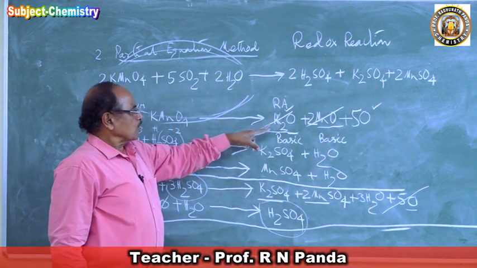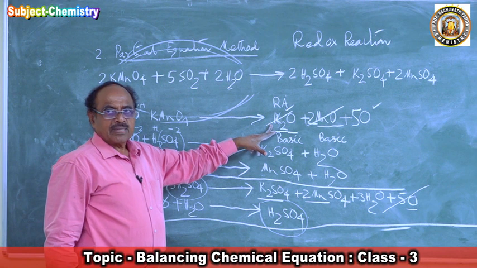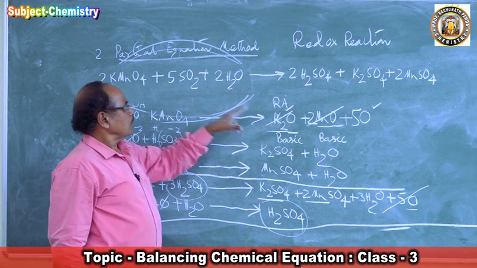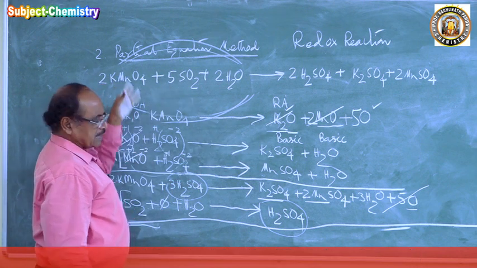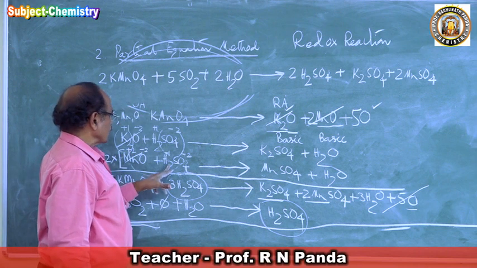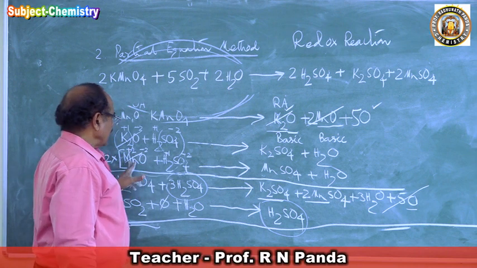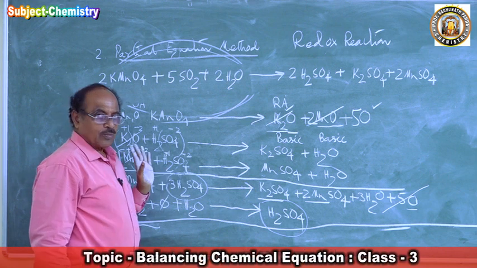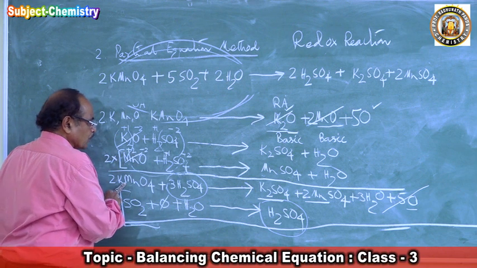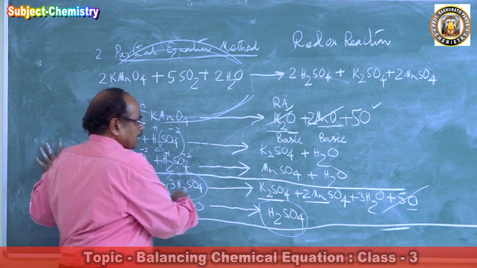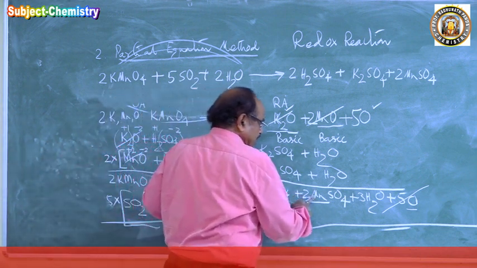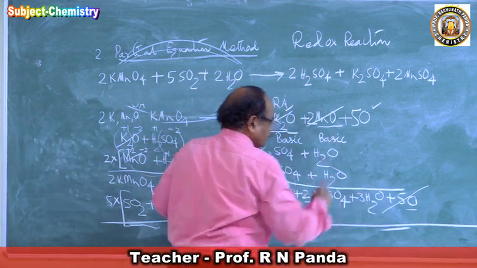Now potassium oxide is a basic metallic oxide, MnO is a basic metallic oxide. So they will react with whom? With acid, sulfuric acid. K2O plus H2SO4 gives K2SO4 and water, MnO plus H2SO4 gives MnSO4 and water. So we got 2KMnO4, 3 sulfuric acid, K2SO4, 2MnSO4, 3 water, 5O.